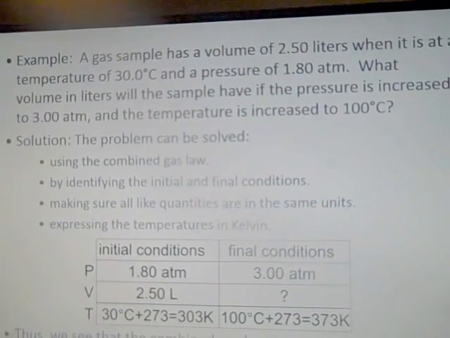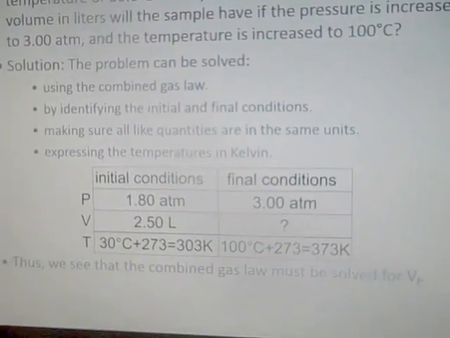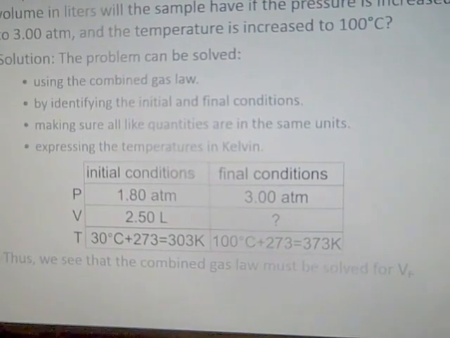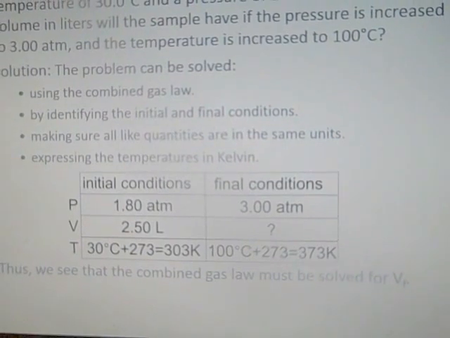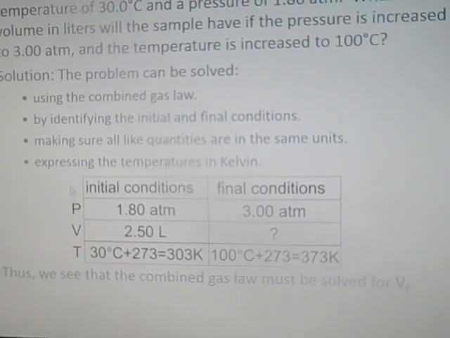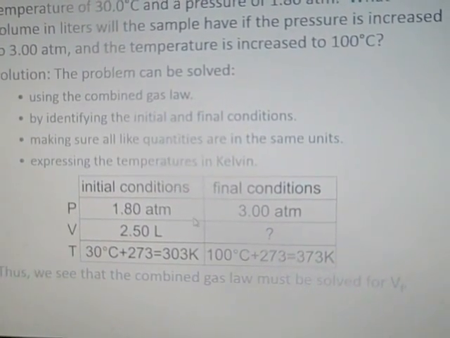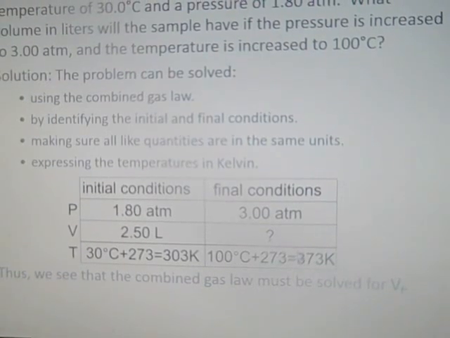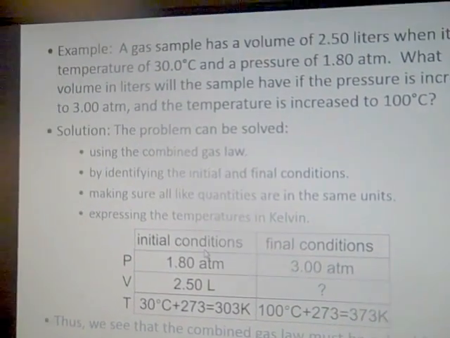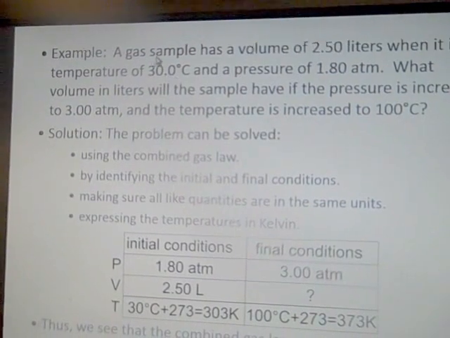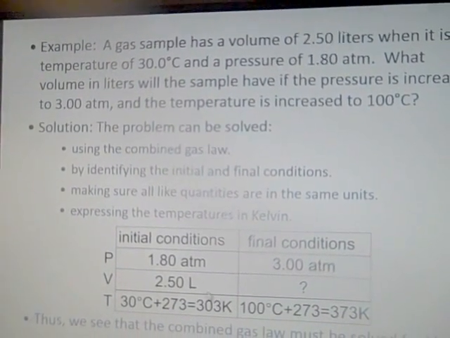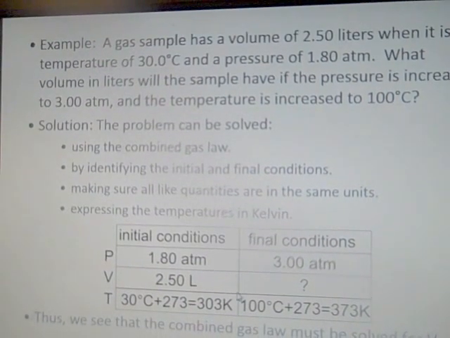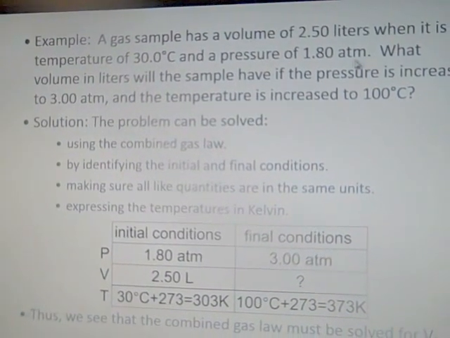One thing that might be useful is to create a table of values, and so you can see what's done here. This is a PVT for the initial conditions. This is a PVT for the final conditions. If you read the question, this is the first condition, where you have 1.80 atmospheres and a volume of 2.50 liters, and then you have a temperature.